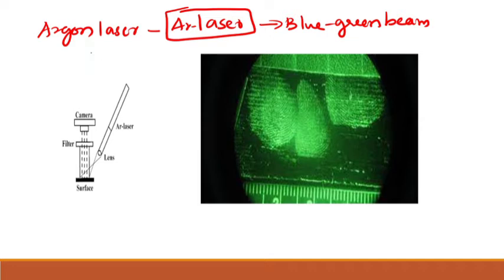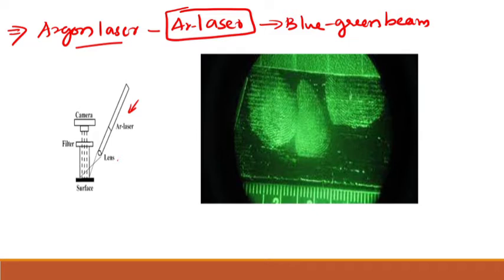So this is the technique of the argon laser. From the argon laser, one blue green beam is emitted, and before reaching the surface there is a lens through which the beam will pass. Why are we keeping this lens?